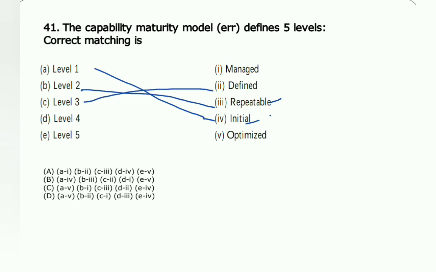Defined is the process which is defined or confirmed as a standard business process. Level 4 is managed. Managed is the process which is quantitatively managed in accordance with agreed upon metrics. And level 5 is optimized. Optimizing is a process management that includes deliberate process optimization and improvement. So the correct option is B.